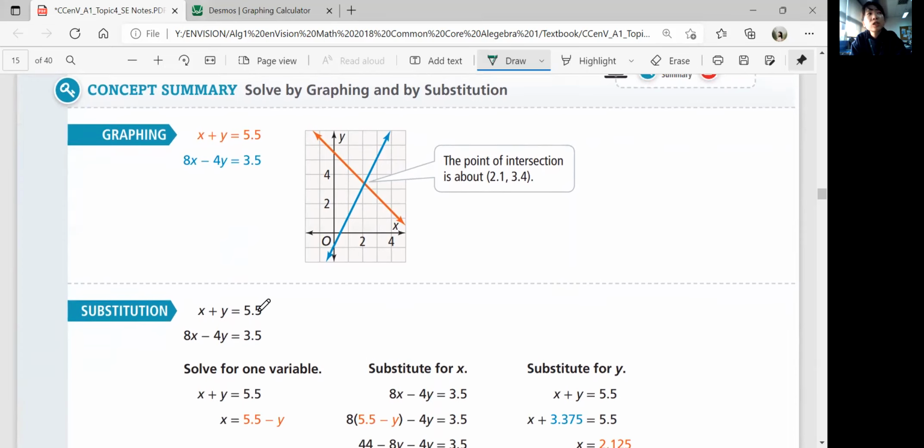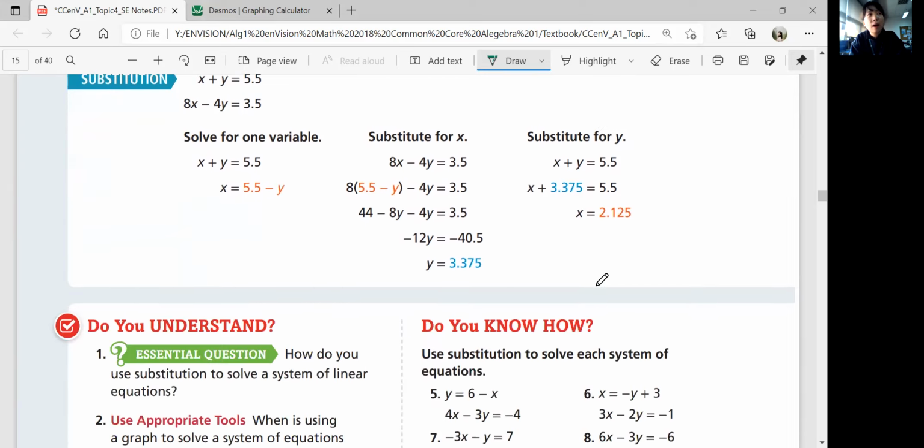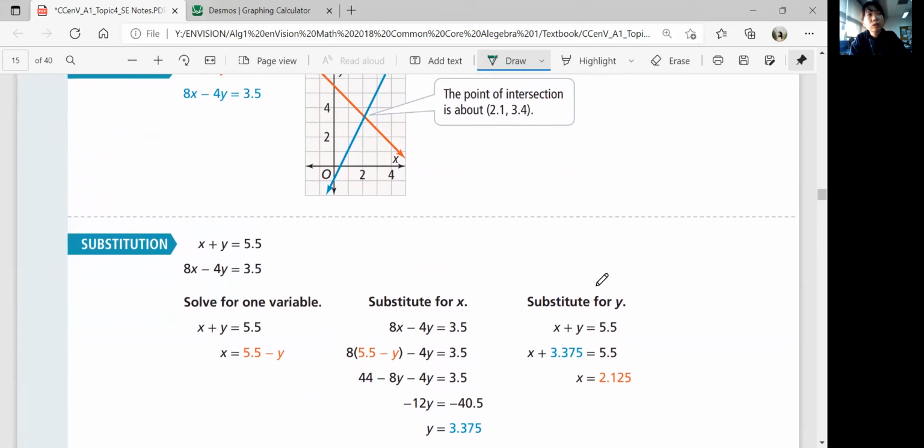By substitution, you can get more exact answers. You're going to substitute one variable into another equation and then solve for one variable, then substitute that value into the other equation and solve for the other variable. And then you have both x and y, and that is going to be your solution.